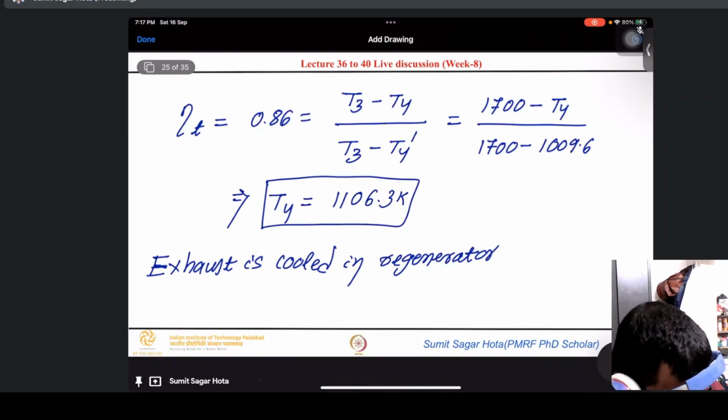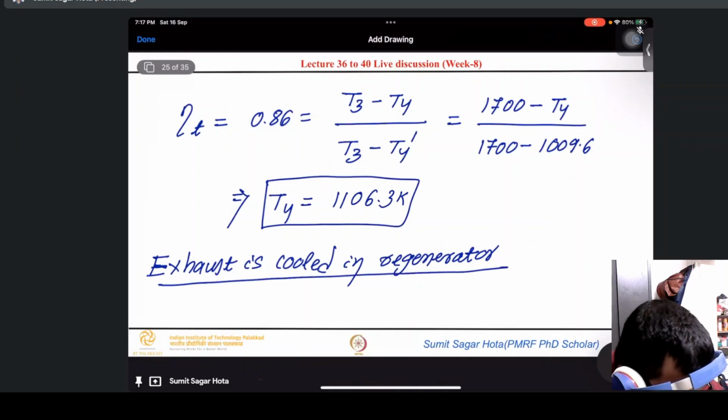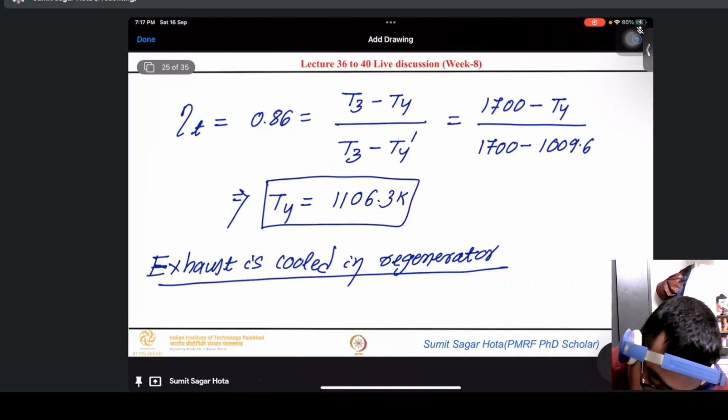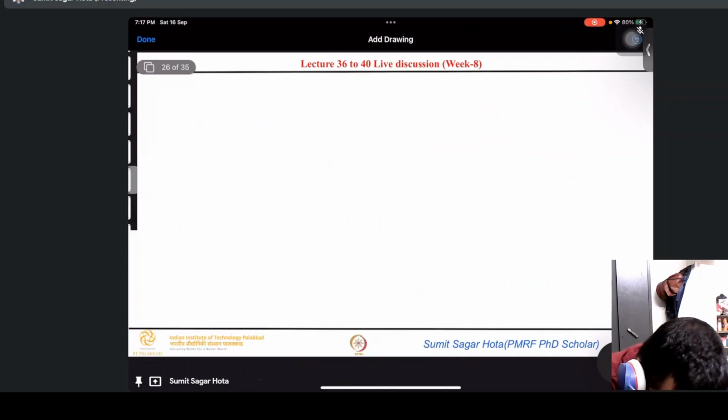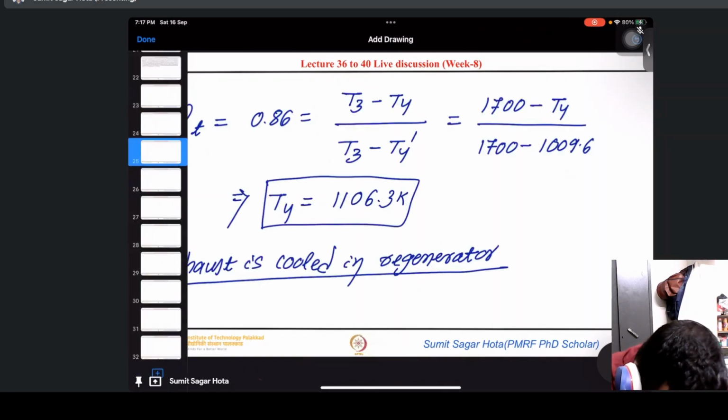Okay, so what does it mean? And what is given? Epsilon is equal to 0.75.